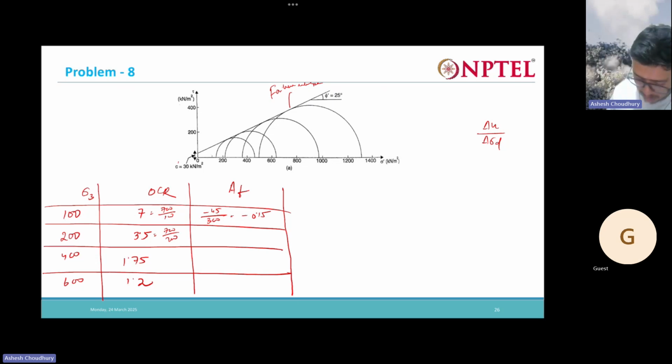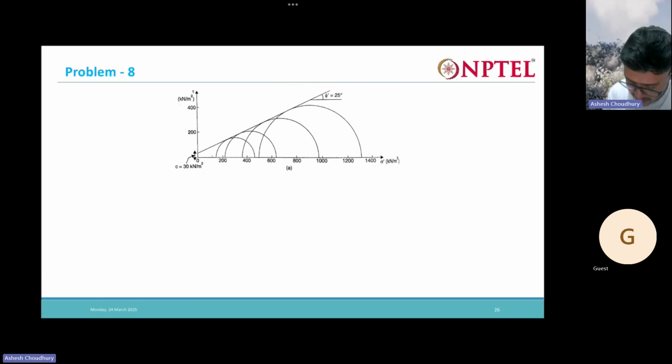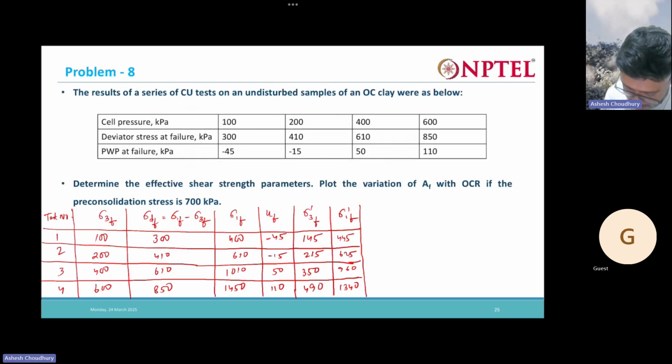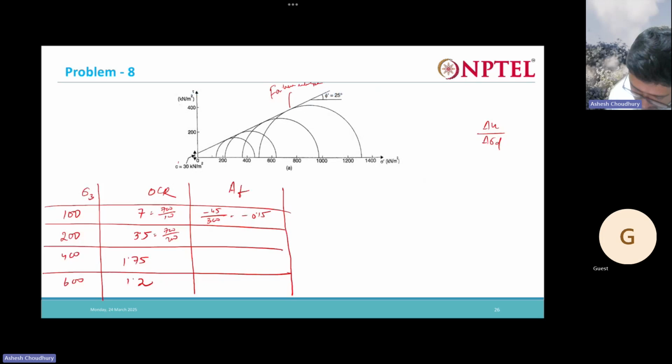Next, for 200, the deviator stress at failure is 410, so minus 15 by 410 is minus 0.037.